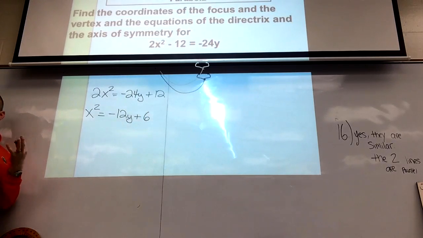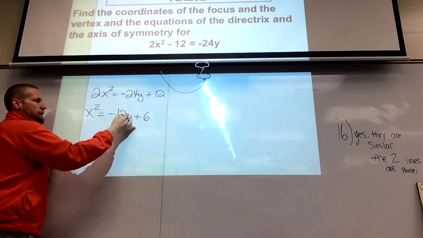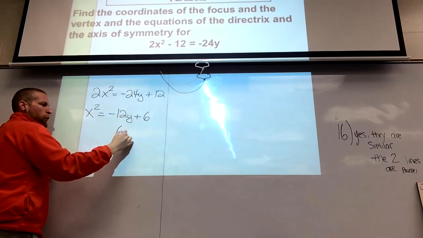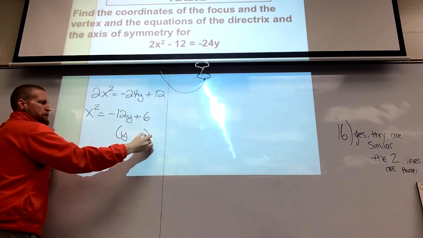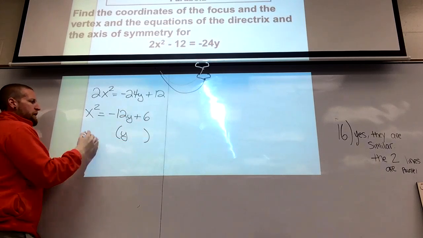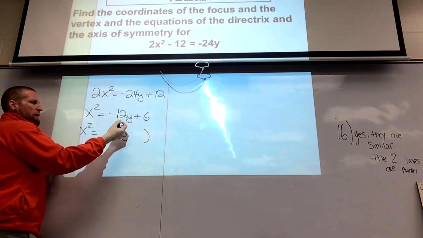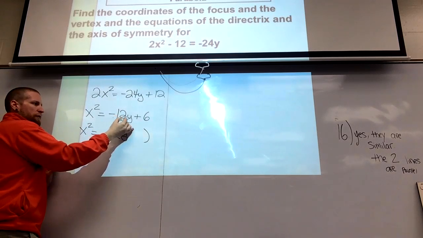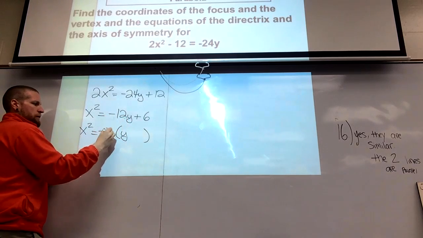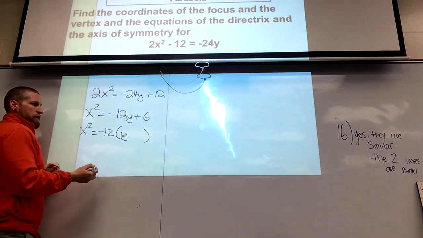And then to get it finally into like your standard form, remember I want it as something written as parentheses with y added or subtracted from something by itself. The x squared is fine as it is. So for me to get y by itself, I have to distribute out whatever's in front of it, which is a negative 12. Correct? Right?